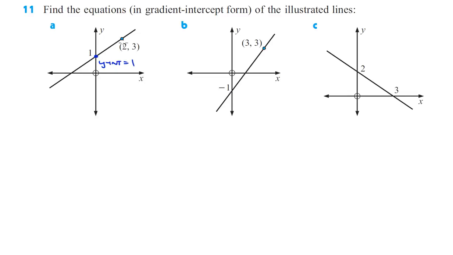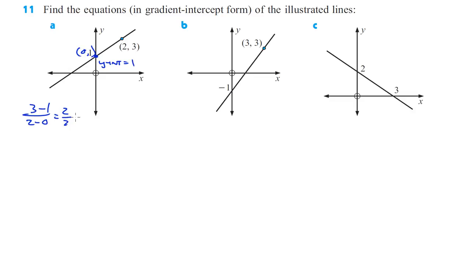A couple ways you can do this. I'm going to just make this into a coordinate. This coordinate here doesn't have any x value, so the x is 0 and the y is 1. So this is 0, 1, right? So if I'm going to find the slope, I'm going to go 3 minus 1 over 2 minus 0.